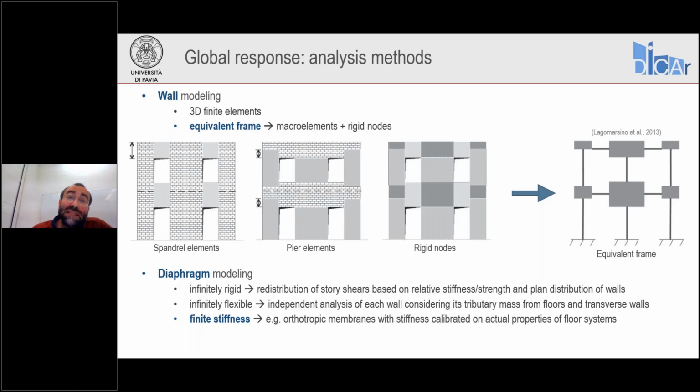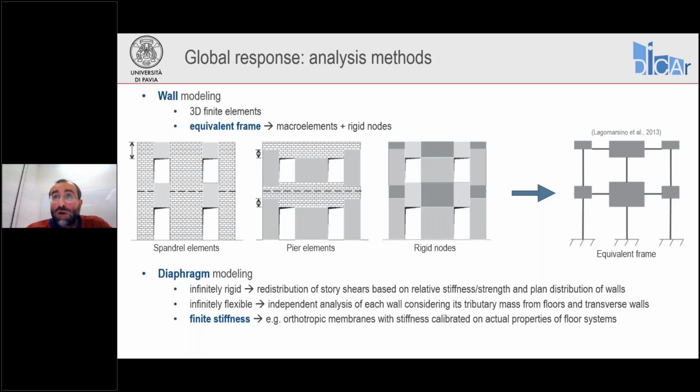Instead, if the diaphragm is infinitely flexible, it cannot redistribute story shears between walls and piers. And in this case, it is advisable to analyze each wall independently, considering its tributary mass. And this tributary mass will produce the excitation on that individual wall.